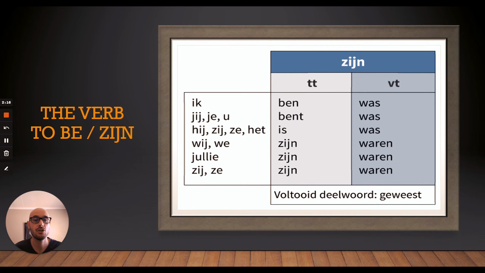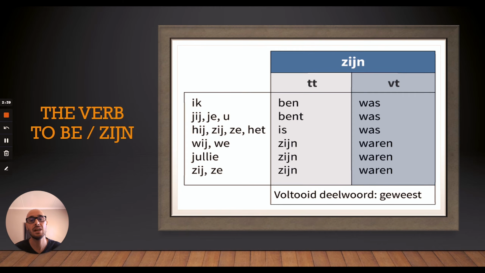Ik, jij, je, u, hij, zij, ze, het, wij, we, jullie, zij, ze. So these are the personal pronouns in the subject of the Dutch language. If you want more information on the personal pronouns, check out my channel. I've got a very good video explaining the personal pronouns in Dutch, and it might be very useful for you.